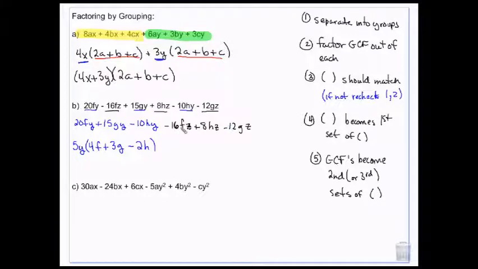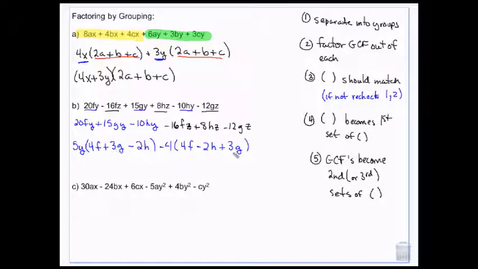And now I have negative 16, positive 8, negative 12. I am going to take out a negative because I want this f to be positive. So I'm going to take out a negative 4, and I'll get 4f minus 2h plus 3g.